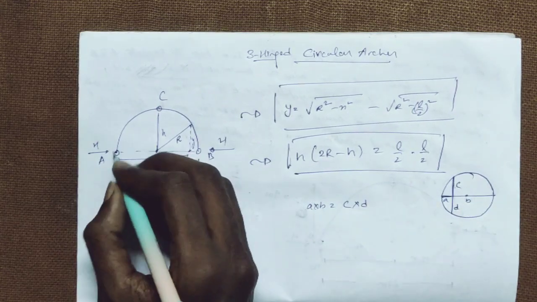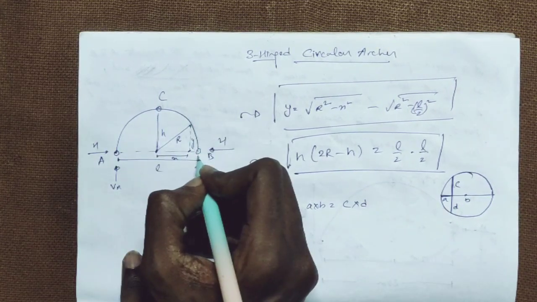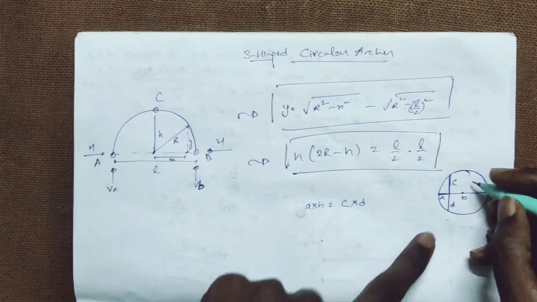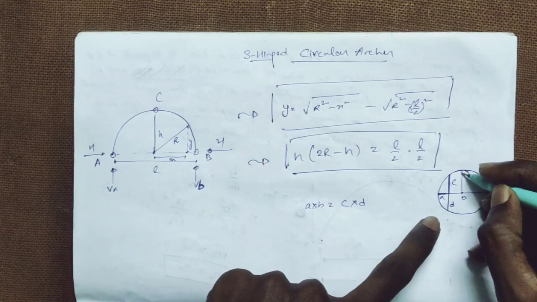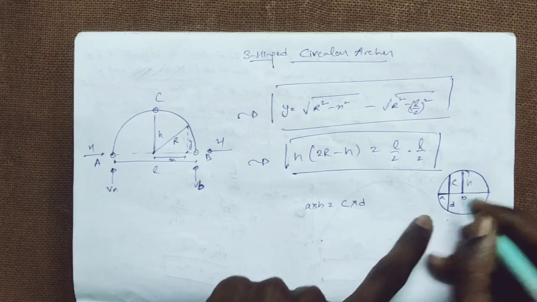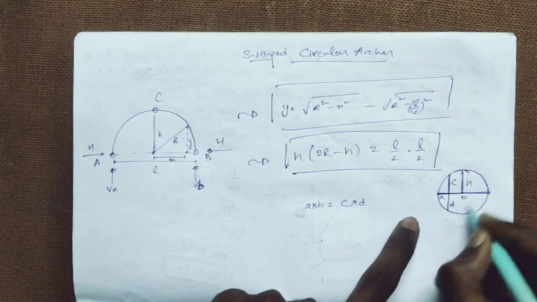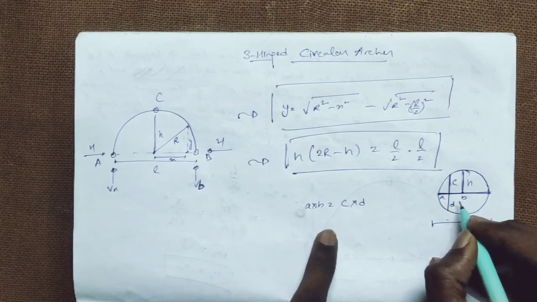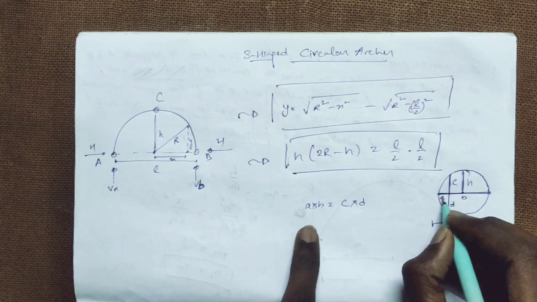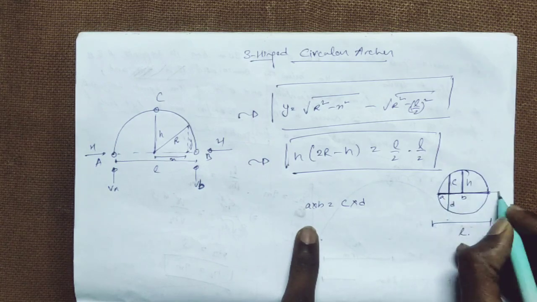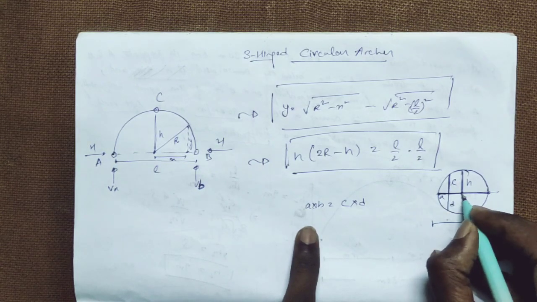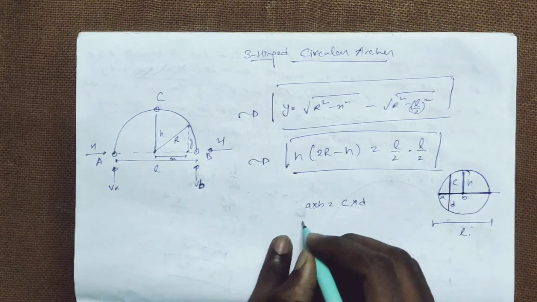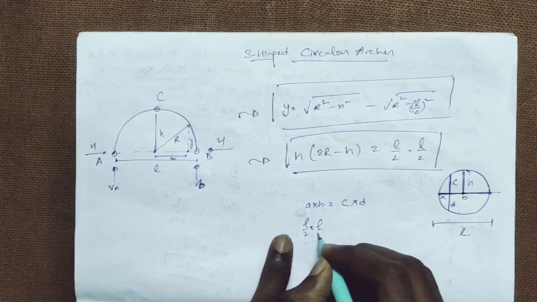So as we consider a semicircle arch, the rise will be here, right? H, and this will be L. So this is A and this is B. If it is a center, then this will be A and this will be B. So A will be L by 2 into L by 2.